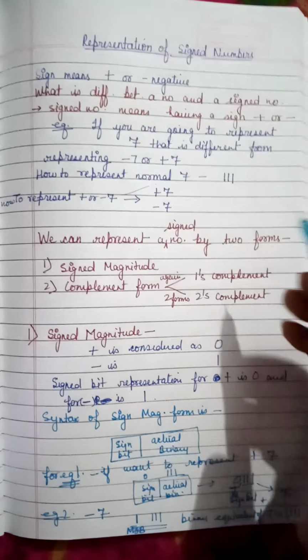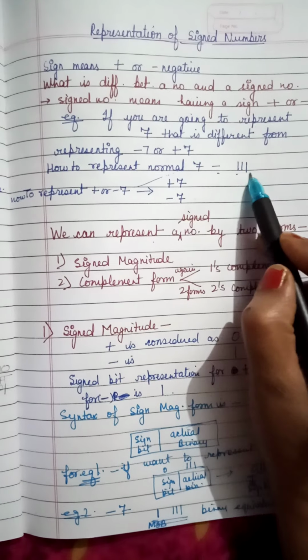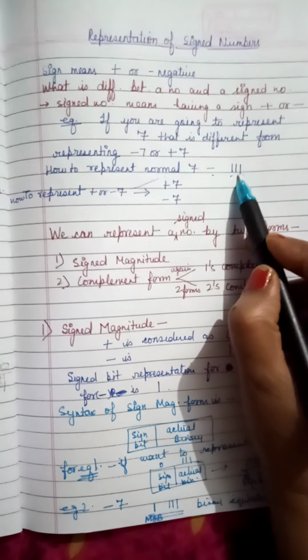For example, if you are going to represent 7, that will be different from plus 7 and again different from minus 7. So if you have to represent normal 7, the binary representation will be 111 in 3-bit.